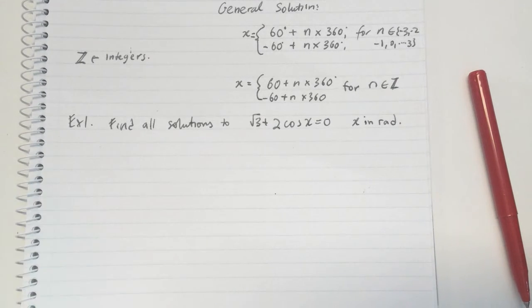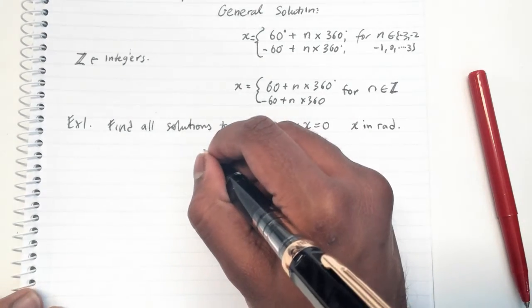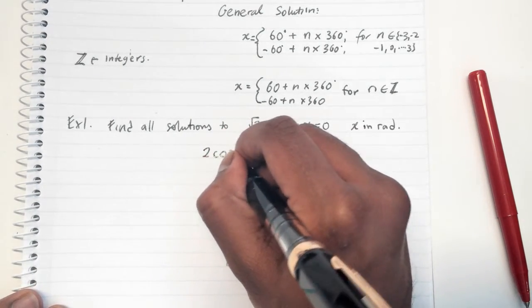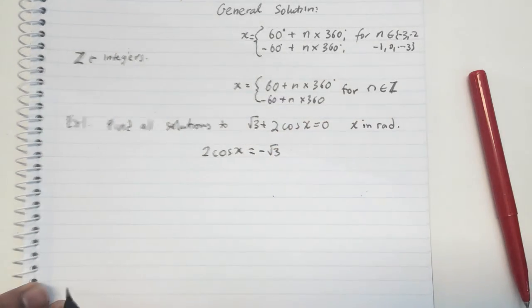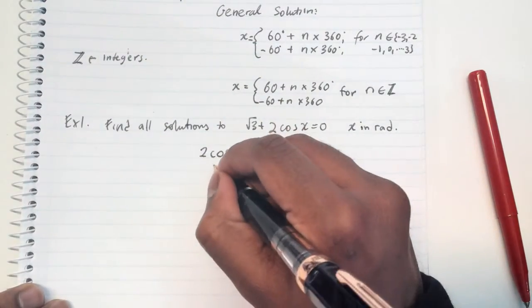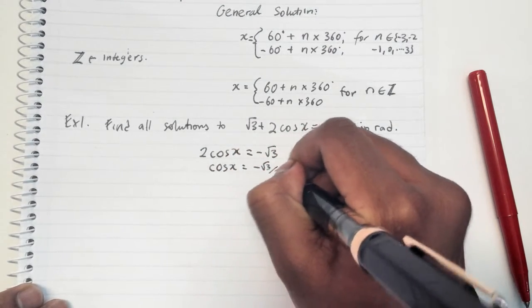Alright, so let's take this first and let's move it around. So we can move that to the other side. So 2 cosine x equals negative root 3, and therefore cosine x is negative root 3 on 2.